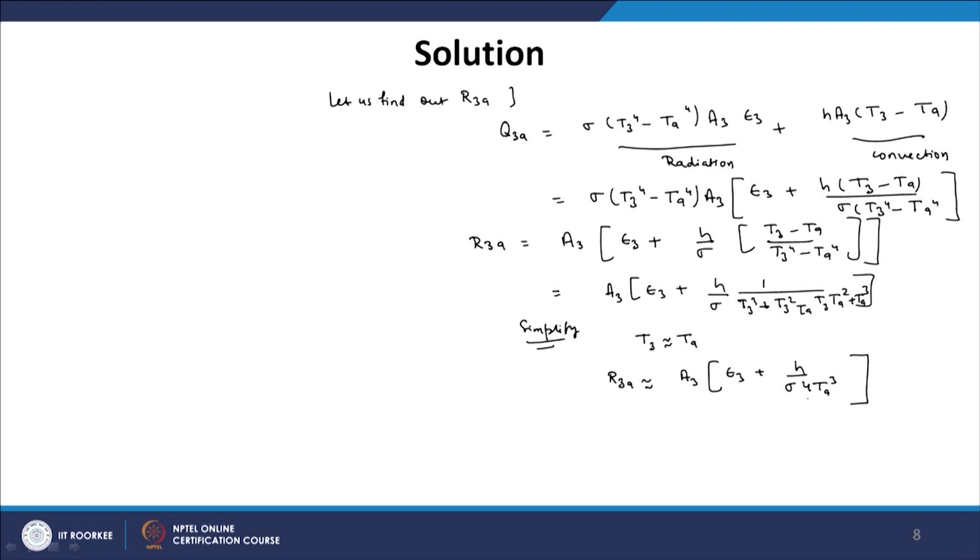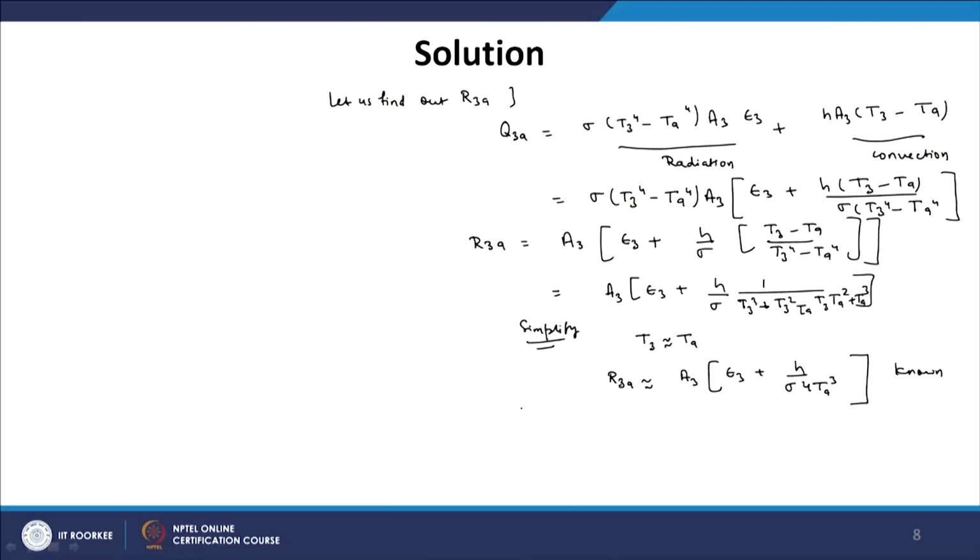So, all the quantities now are known. Otherwise, the problem cannot be solved by hand, you will have to incorporate a computer to solve this problem, because the resistance will then become a function of temperature T3, which is not a known variable.